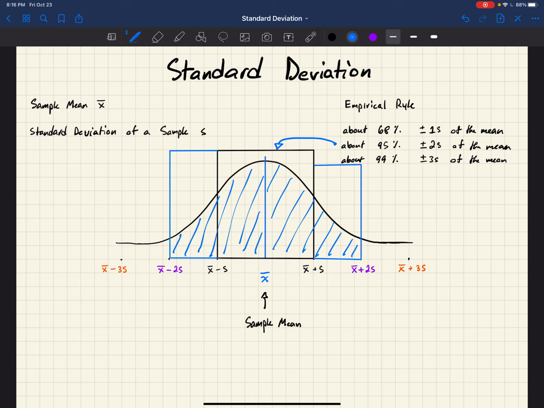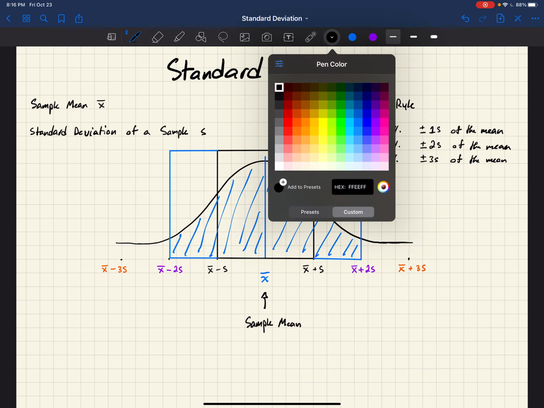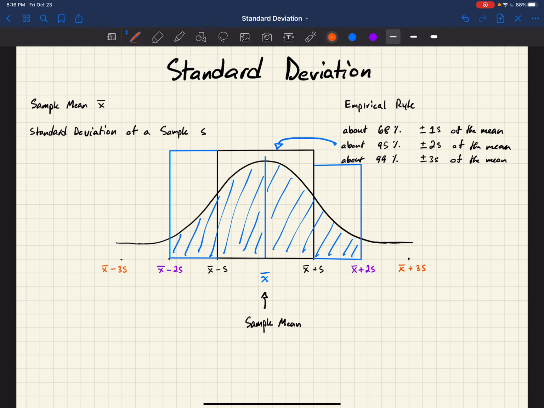And the final level is 3 standard deviations. I'll just continue this shading a little bit. So we've officially gone 3 standard deviations below the mean. Here we're going a full 3 standard deviations above the mean, filling in this.